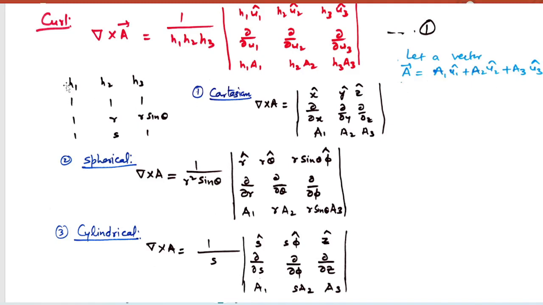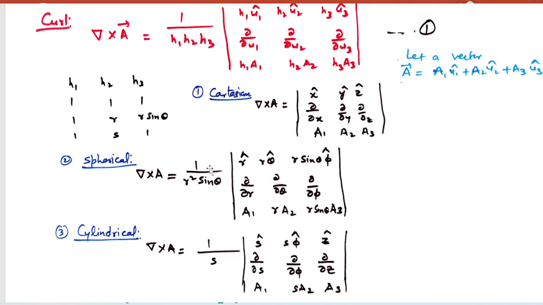So if we have this table of h1 h2 h3 in different coordinate systems, in the Cartesian system it is simple: x cap, y cap, z cap, or i cap, j cap, k cap, del by del x, del by del y, del by del z, and the components of the vector A1 A2 A3 in x y z coordinates.